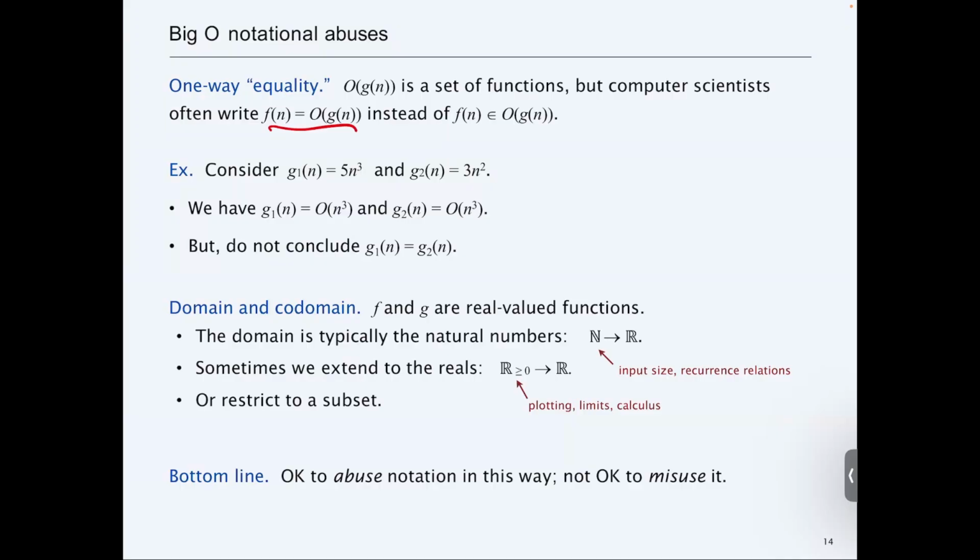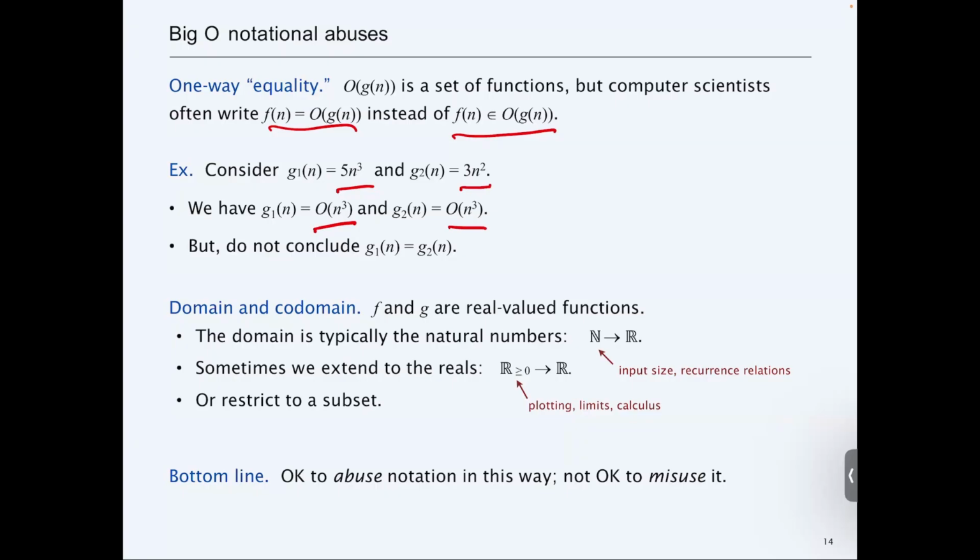What we're actually saying is that f of n is an element in some set, the set of functions that's bounded above by g of n. For example, say you have 5n cubed as one of your functions and 3n squared as another.